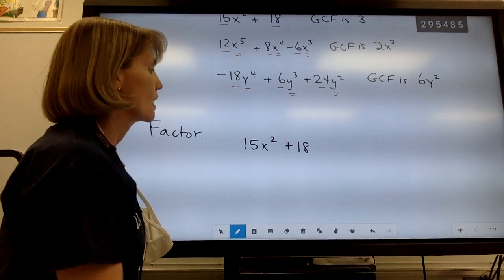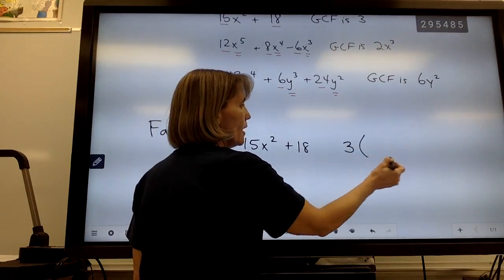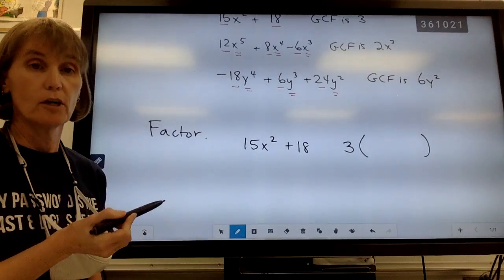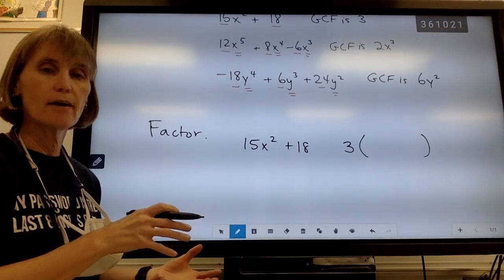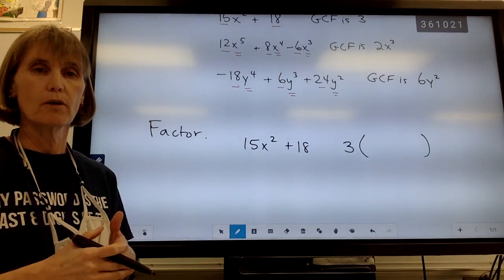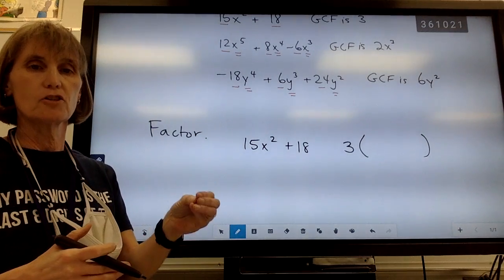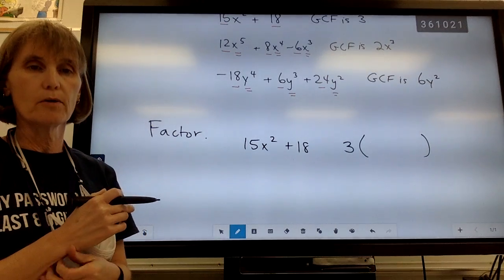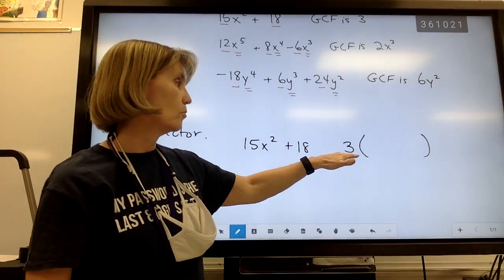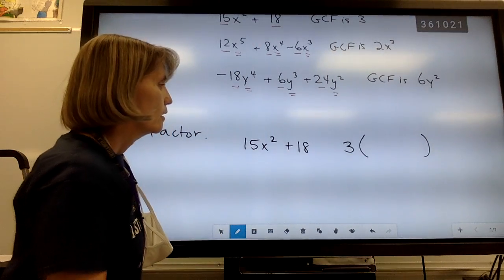So we said the greatest common factor was a 3. Now, if I take a 3 out of both of those terms, the question is, what would I have left? And this is kind of where we're undoing that multiplication that we did before. If you go back to that 7-2 worksheet where we took that monomial and we distributed throughout the polynomial, factoring is deciding what monomial you are going to put out front and then what's left inside the parentheses.